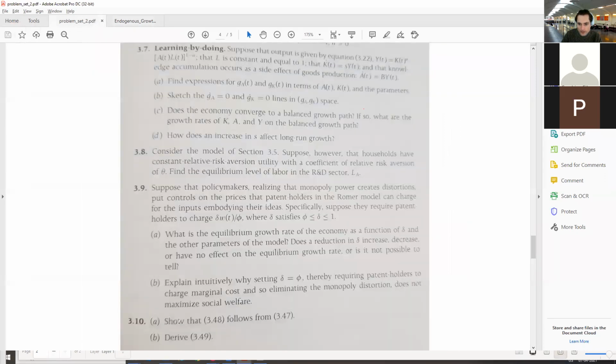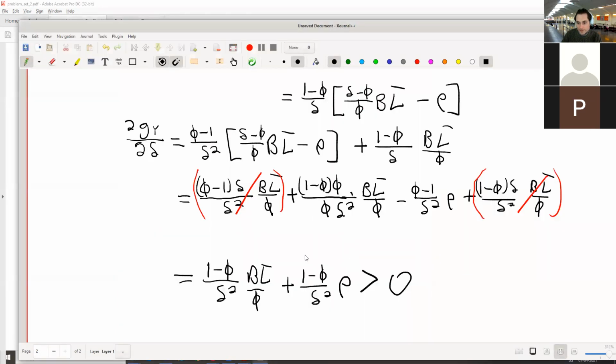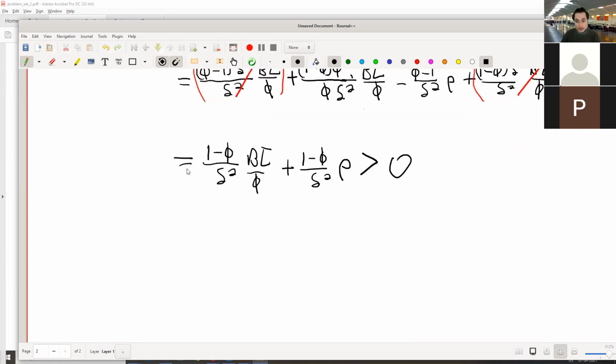So if we look at the problem, it says, what is the equilibrium growth rate of the economy as a function of delta and the other parameters of the model? Does a reduction in delta increase, decrease, or have no effect on the equilibrium growth rate, or is it not possible to tell? Okay, so what this says is that when we increase delta, then the economy grows faster. So if we decrease delta, the economy grows slower.